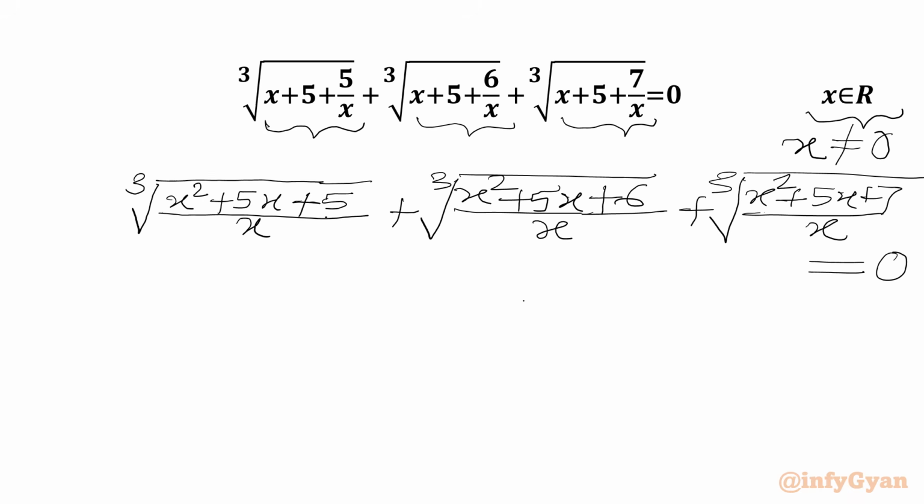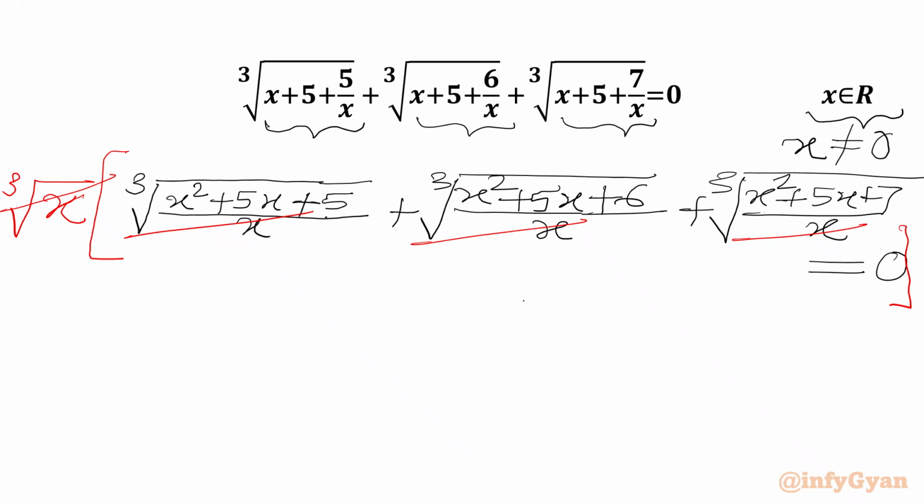Now we have cube root x in the denominators. So I will multiply our equation by cube root x both sides. Now we can cancel denominator cube root x with cube root x. And in RHS, 0 times cube root x is 0.